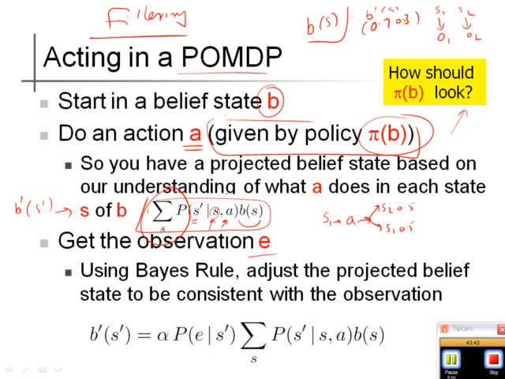But on the other hand, let me make this model a little more interesting. Suppose S1 gives O1 with 0.9 probability and O2 with 0.1 probability, and S2 gives O2 with 0.9 probability and O1 with 0.1 probability.